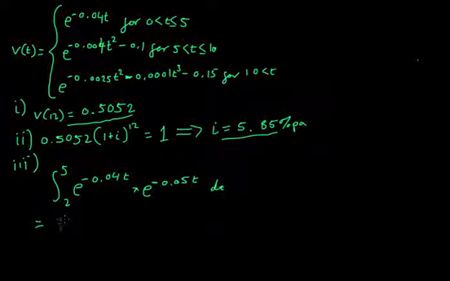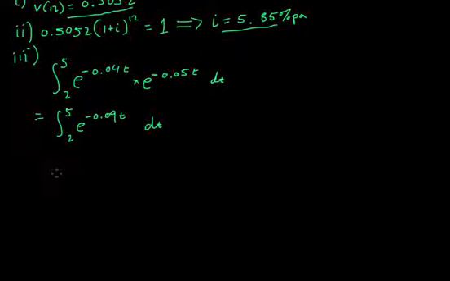In order to find that, we'll simplify first. Between 5 and 2, that becomes e to the negative 0.09 t dt. What is the integral of all of this?